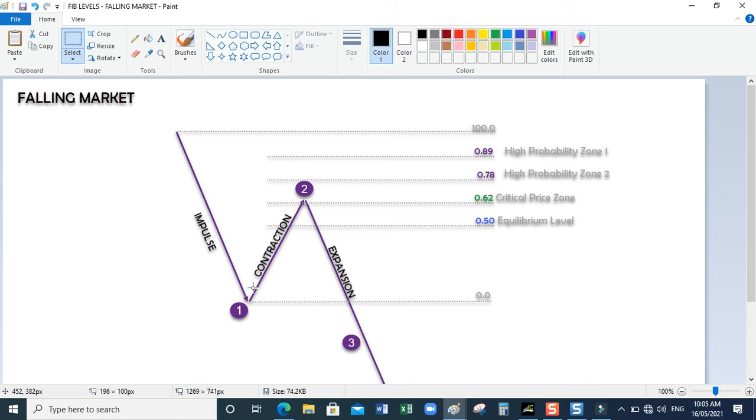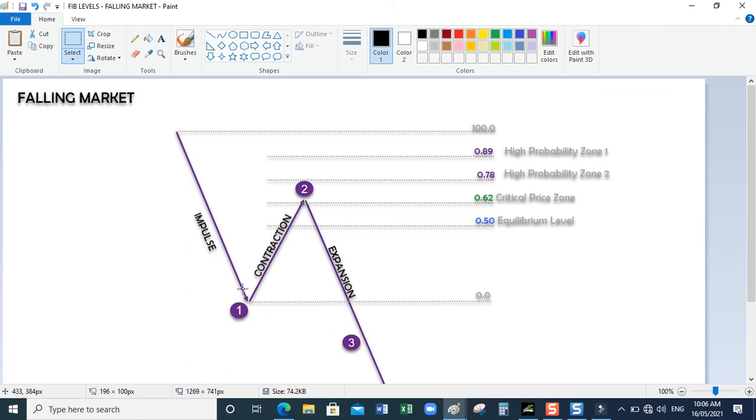Expansion is the target, the expansion of the impulse after contraction. So point 1 is impulse, point 2 is contraction, then we have point 3 as expansion.